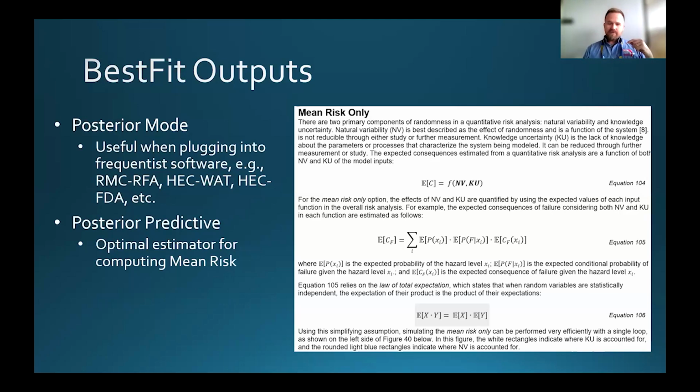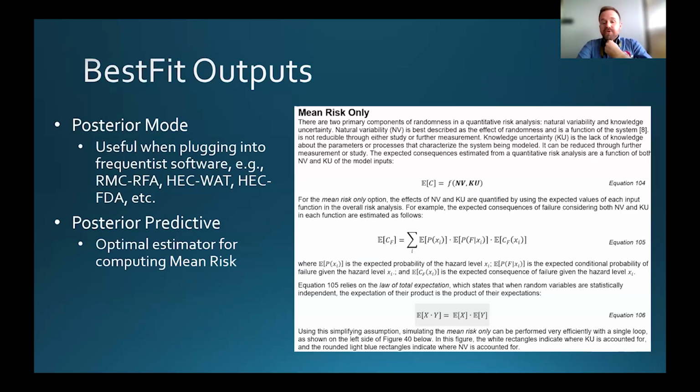And then in terms of optimal risk estimator, we always use the posterior predictor. There's a bunch more math here on the right, but to sum it up, if we're looking for expected annual damages, where we've accounted for both natural variability and knowledge uncertainty, we can derive the correct expected value with a single integral, so long as we use the expected probability of failure and the expected consequences.